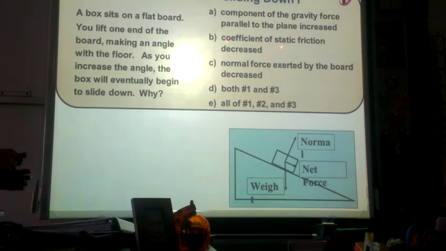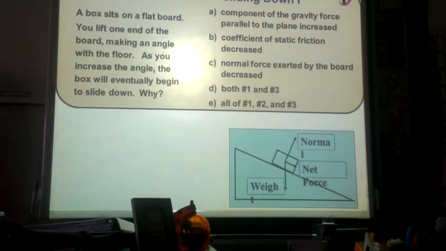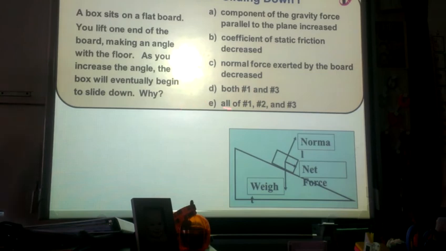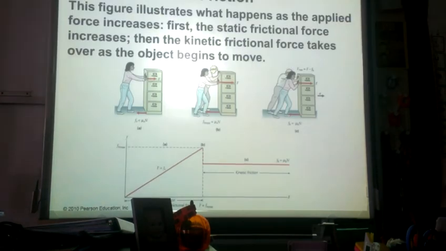B, the coefficient of static friction decreased? C, the normal force exerted by the board decreased? D, both A and C? Or E, all of them: A, B, and C. Okay, so tell me that one. We'll do that on our little hands tomorrow.